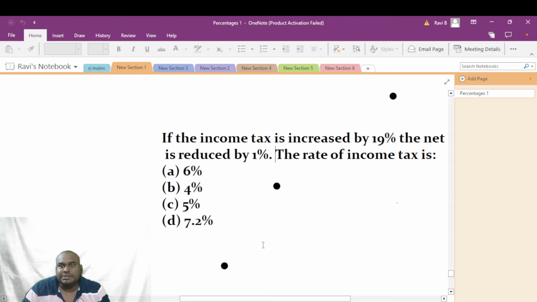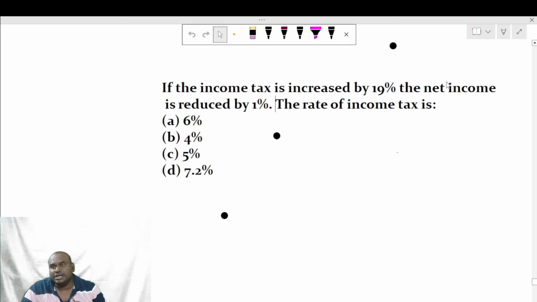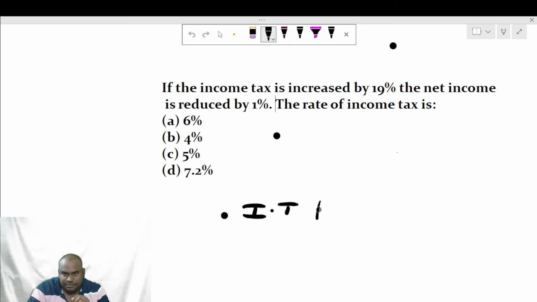See here, the income tax is increased by 19%. Then what happened?